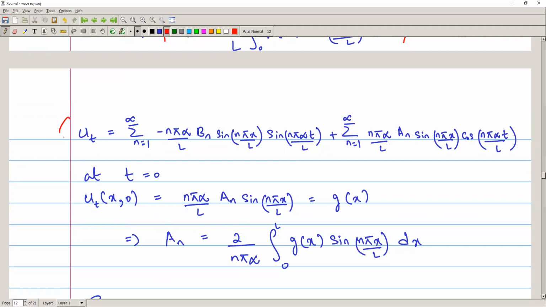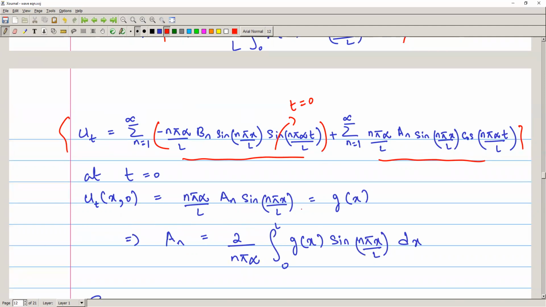So we will find the derivative first for the general equation, and we will plug t equals 0. This is the derivative, right? When we plug t equals 0, this whole function will be equal to 0 because of this sine 0 here. This will be 0 because of sine 0. All right, so we get only this function, right?